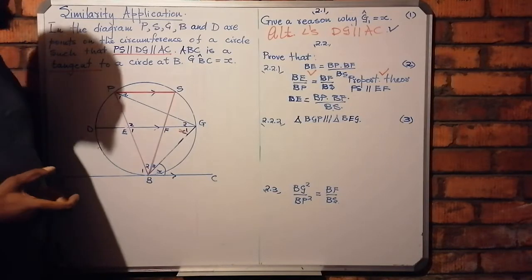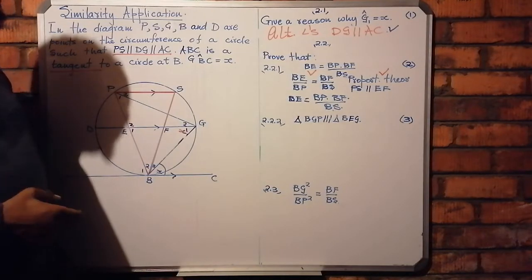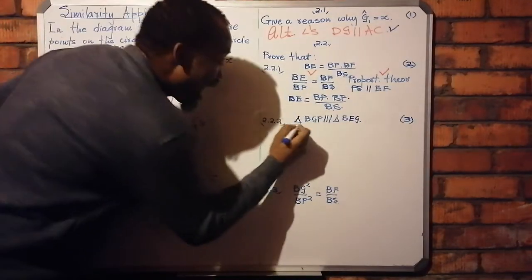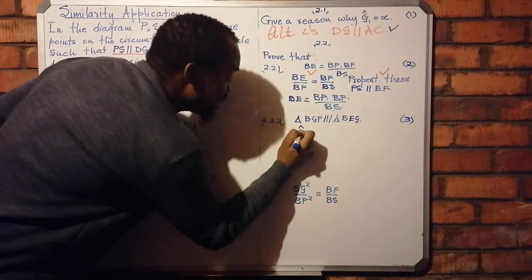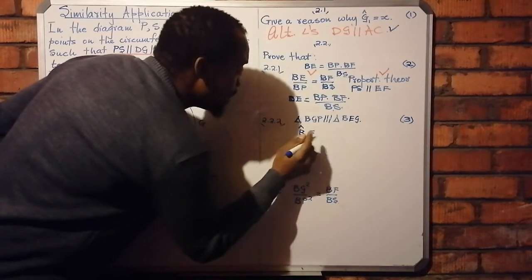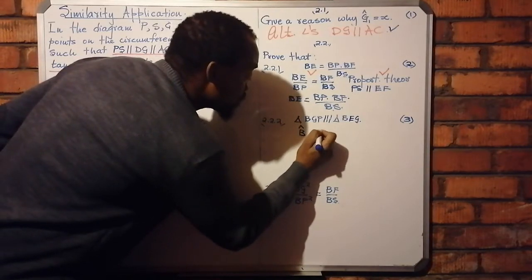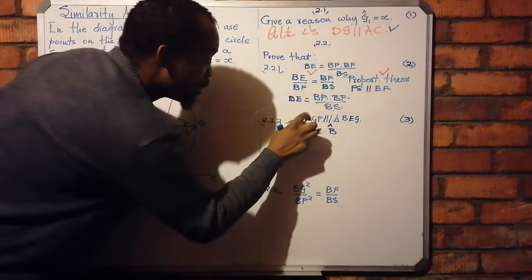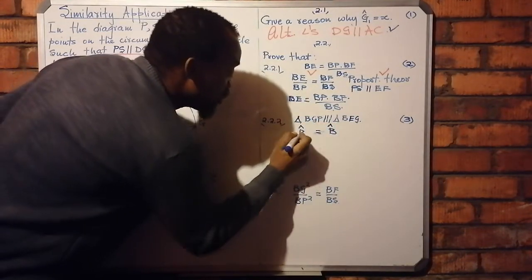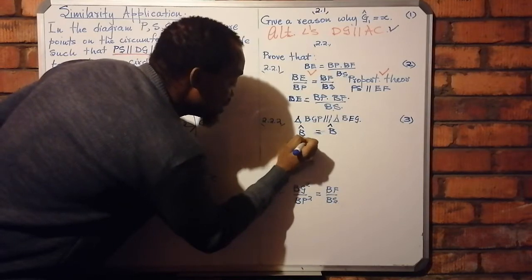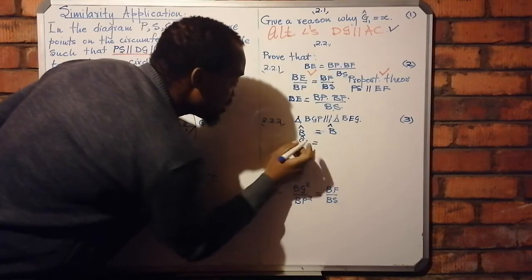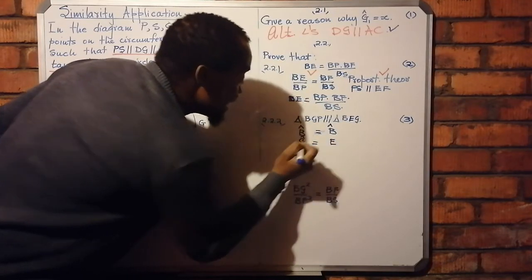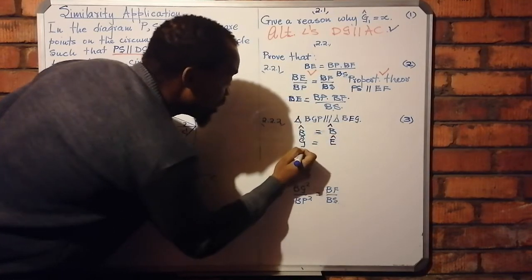Now, when I'm saying corresponding angles, that means angle B must be equals to angle B there, because it corresponds with that. Angle G must be equals to angle E, they correspond.